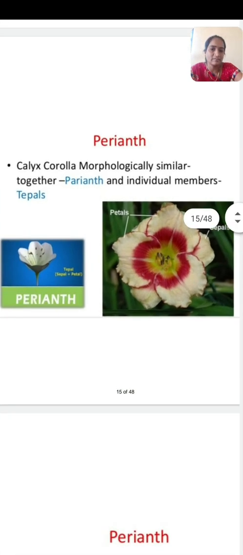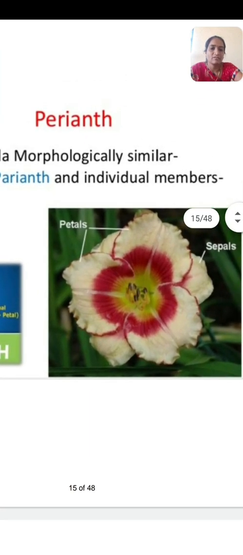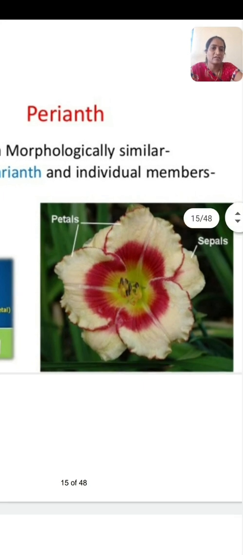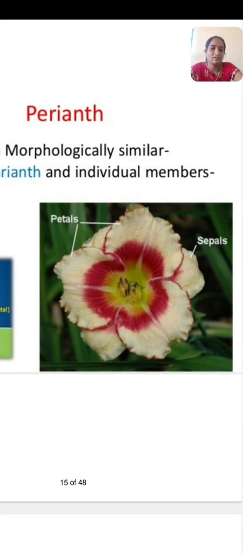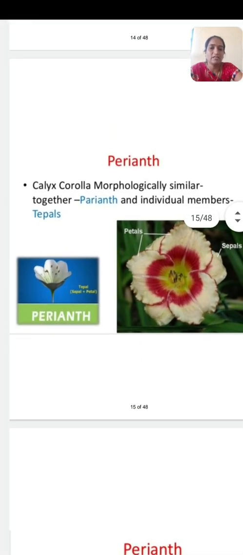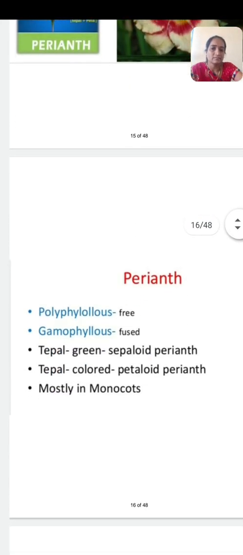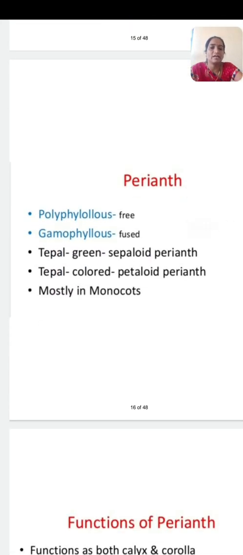Look at the diagram. Here a flower is there which is similar. First the light colored part is petals and they also form the sepals. Okay, and together as a unit, it is known as tepals. Like calyx and corolla, it has two forms, fused and free.